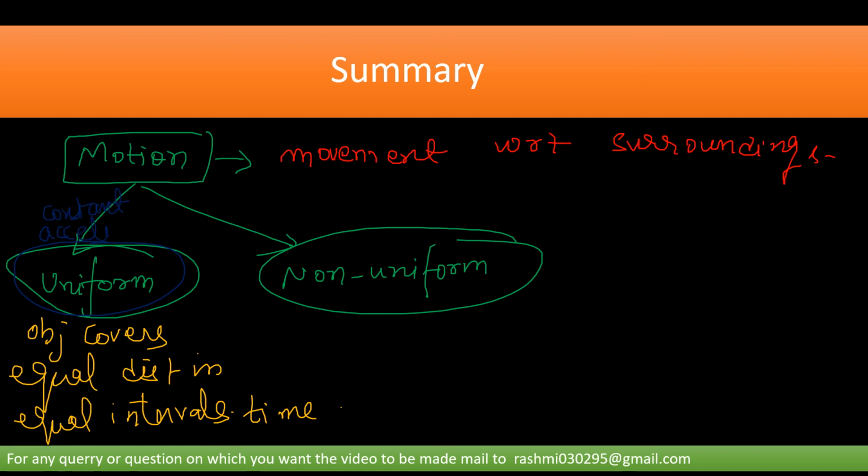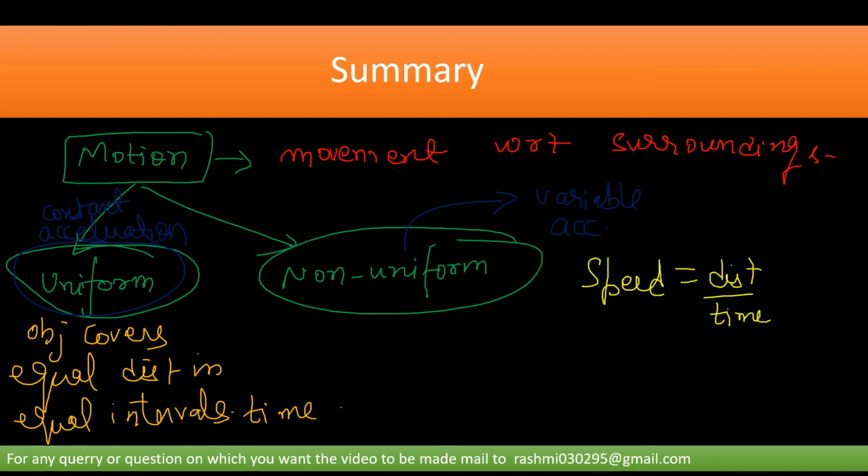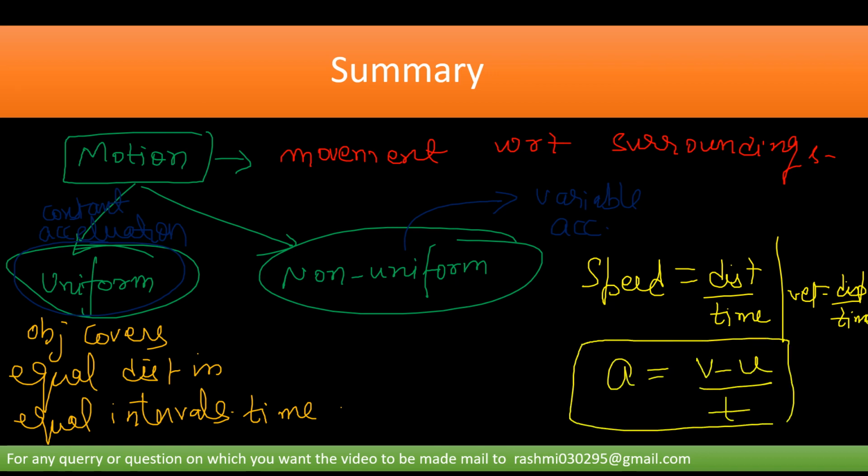On the other hand, non-uniform motion involves variable acceleration, right? We also explored a few parameters here. We discussed speed as distance by time, and velocity as displacement by time. We discussed acceleration as change in velocity with respect to time, that is v minus u by t.